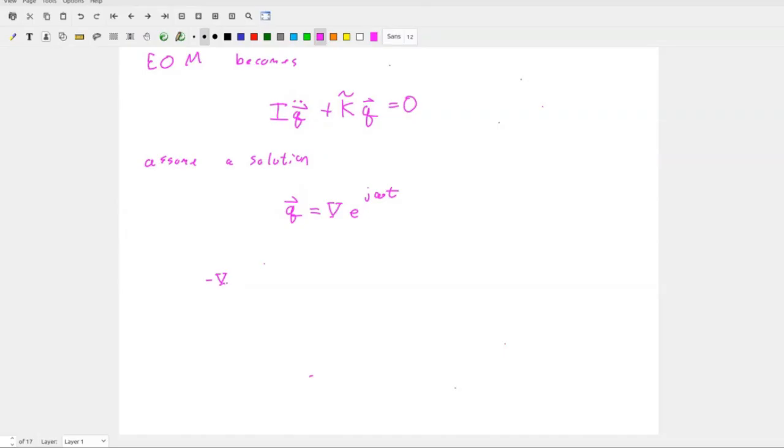I get negative V omega squared e to the j omega t, plus the identity matrix, plus the equivalent stiffness matrix V e to the j omega t equals 0.